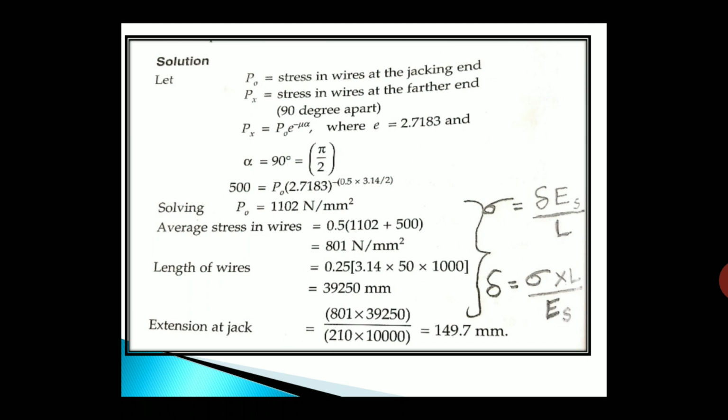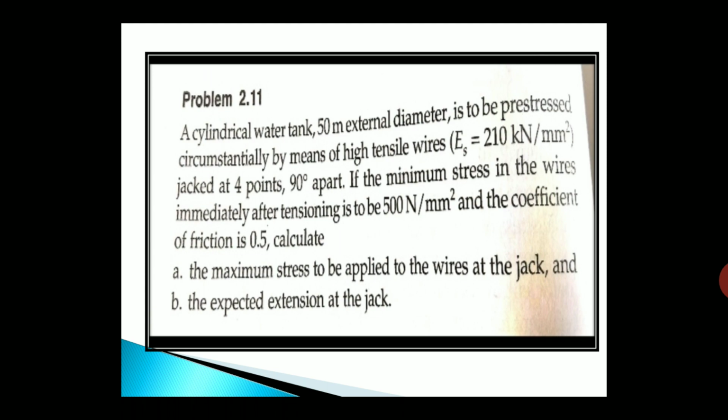That means the initial stress in the wires at the jacking end has to be 1102 Newton per mm square. This is very important. Now here you need to understand 500 is not the initial stress, but from the given data, 500 is the minimum stress in the wires immediately after tensioning.